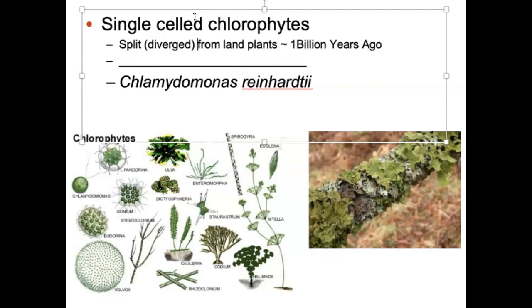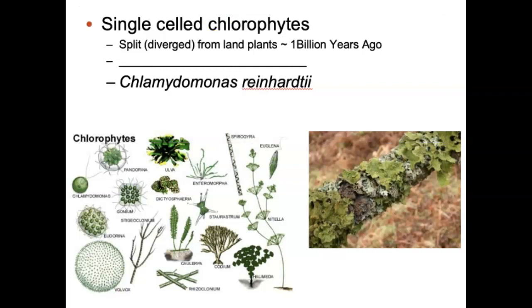So some ancestor to land plants and chlorophytes existed 1 billion years ago, and then they diverged, and green algae, or the chlorophytes, went one direction, land plants went a different direction. Land plants went primarily on land. Green algae, or these chlorophytes, many of them are aquatic species. There are some that are terrestrial, though.